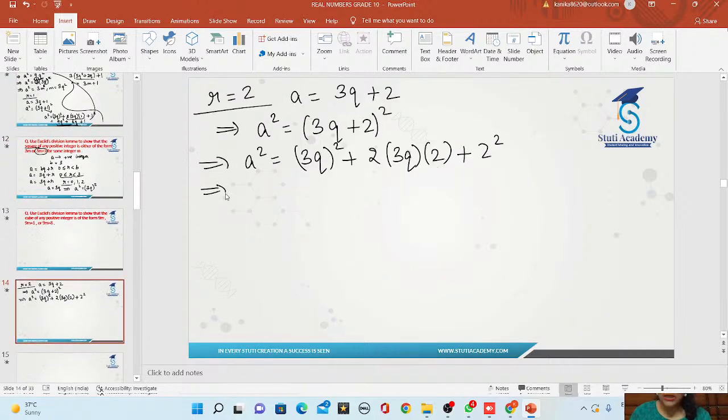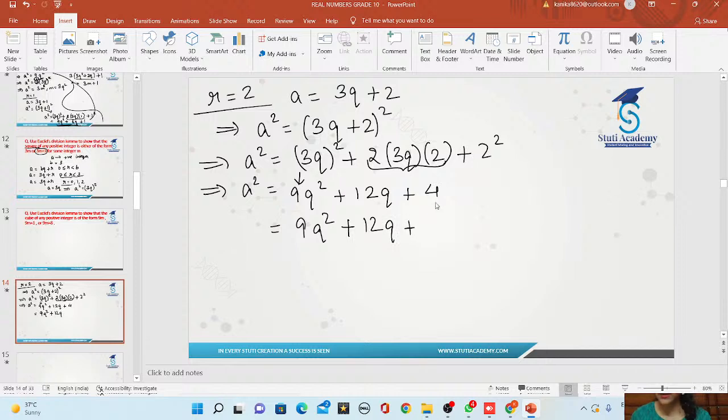Now, this can be written as a square equal to 9q square. And you can combine this: you're going to get 2 into 3, 6, into 2, that's 12q, plus 4. Now, somehow we need to put this in the form of 3m plus 1. So we can write this as 9q square plus 12q, and we can write this 4 as 3 plus 1. So I'm just breaking this 4 and writing it as 3 plus 1.